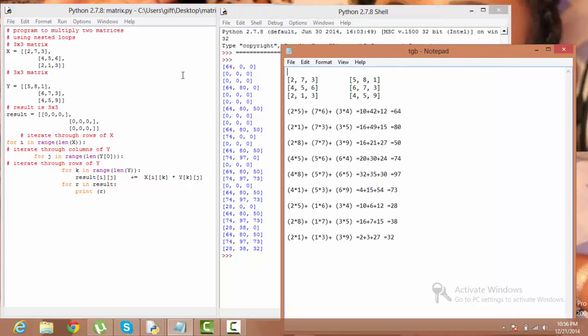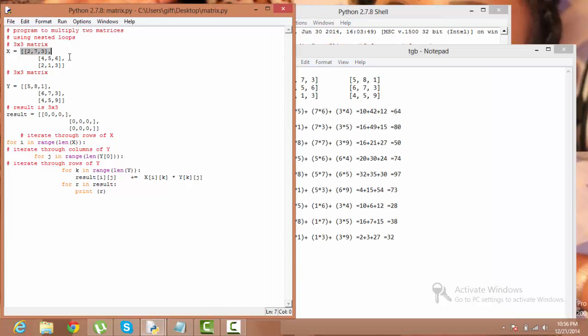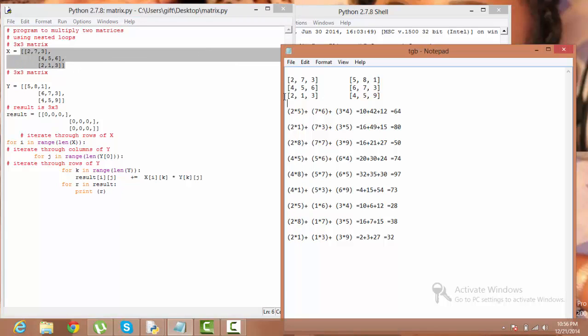I just wrote out this matrix here in a notepad so that I can make some short notes. The first matrix and the second one, x and y. So how does this matrix multiplication work? It works by multiplying the first row of the first matrix by the first column of the second matrix.